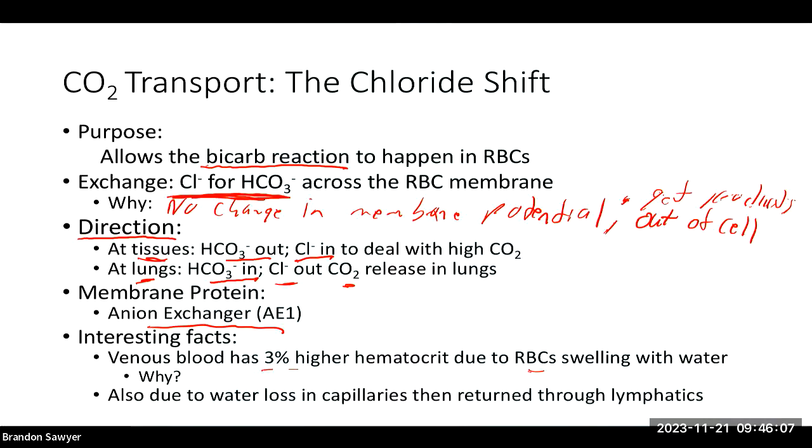That's going to cause some swelling of the red blood cell, making the cells bigger, so they take up more of the space of the blood. And then we also lose some water, like we talked about last time, after the blood passes through capillaries. So the venous side of our bloodstream has higher hematocrit than the arterial side because of these two reasons.